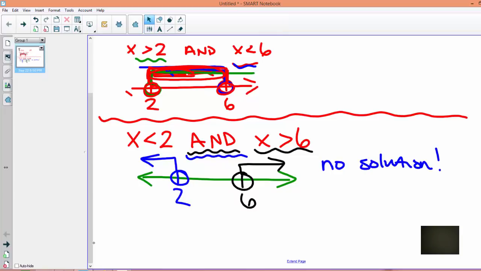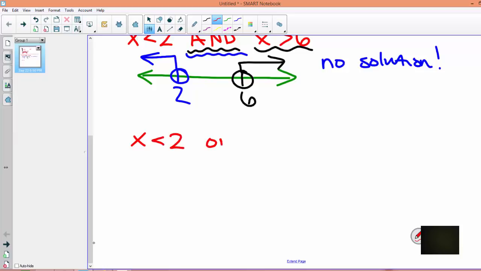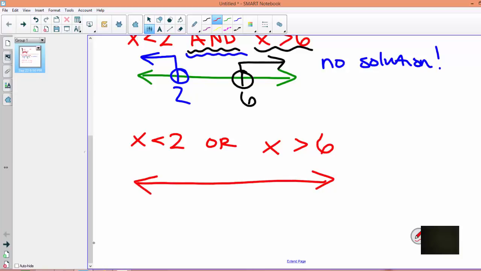Now, we're going to do the same exact thing with the word "or". So, x is less than 2 or x is greater than 6. So it's the exact same problem. I'm doing a new number line. It's going to look the exact same. At 2, you have an open circle with an arrow to the left.